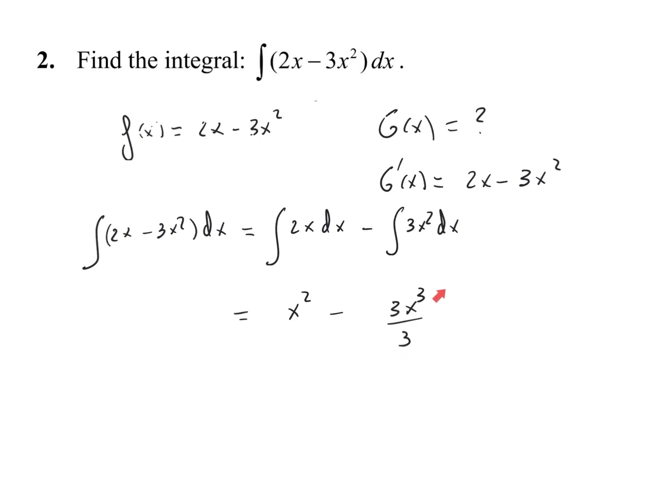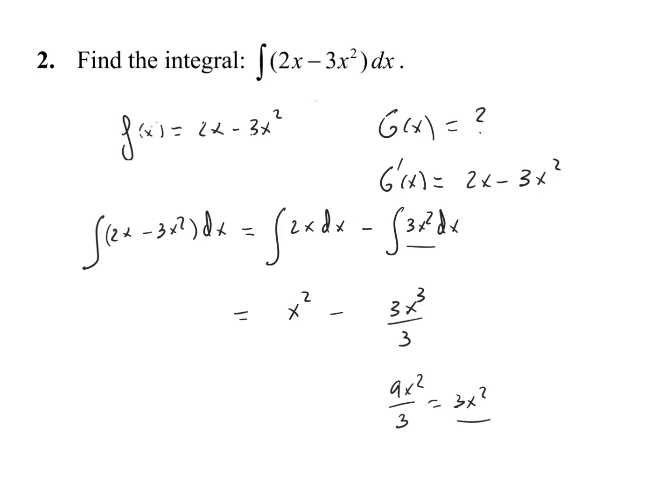Because if I take the derivative of this function, it will be 9x squared divided by 3. The 3s cancel out, so the derivative will be 3x squared, which is this one.